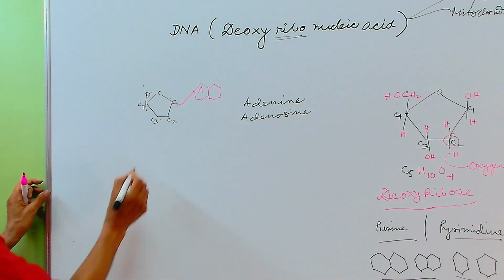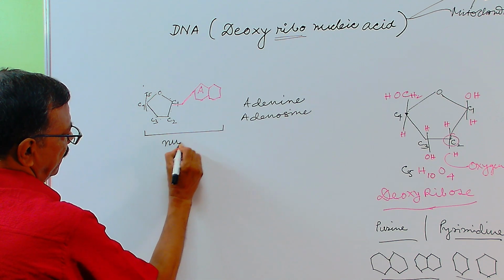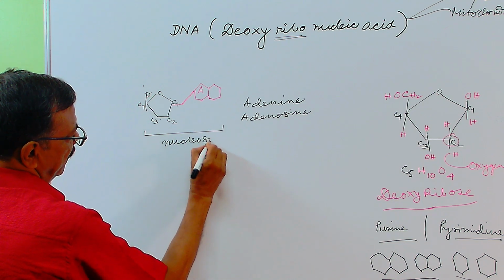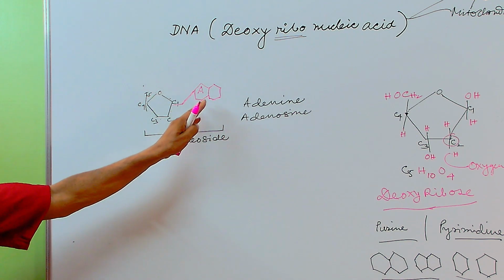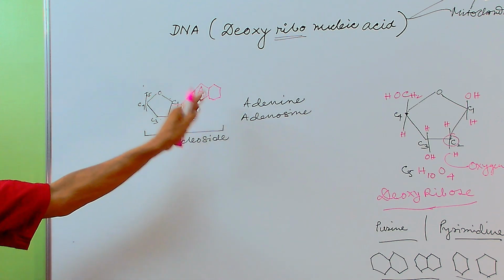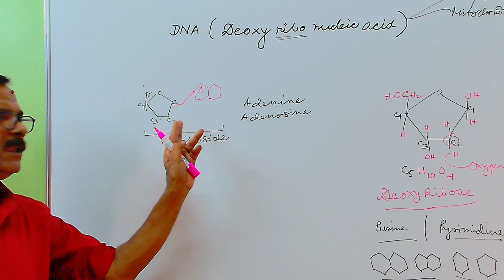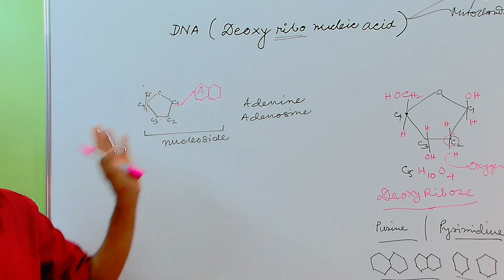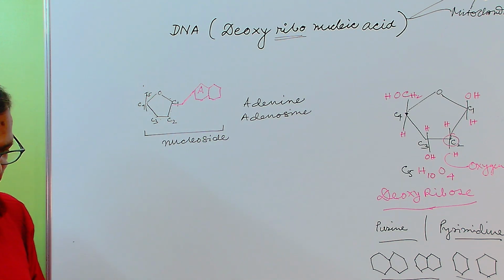And these two are collectively called nucleoside. These pyrimidine or purine bases remain joined with sugar at C1 position, and when it joins, it becomes a nucleoside.